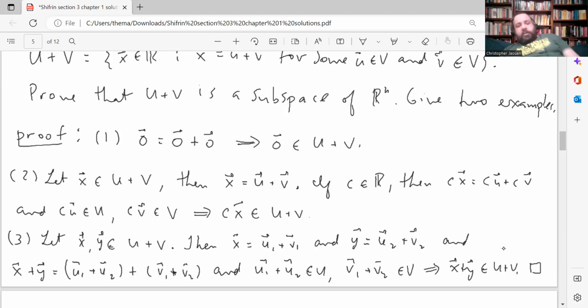And u1 plus u2 is in U because it's a subspace, v1 plus v2 is in V because it's a subspace, therefore x plus y is in U plus V, so the three conditions are satisfied.